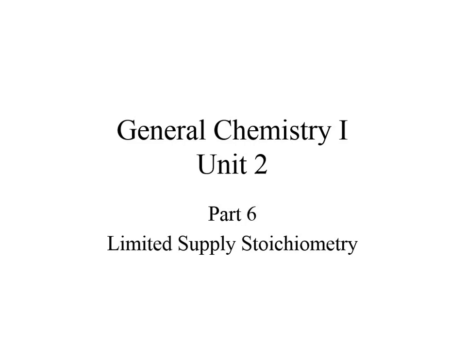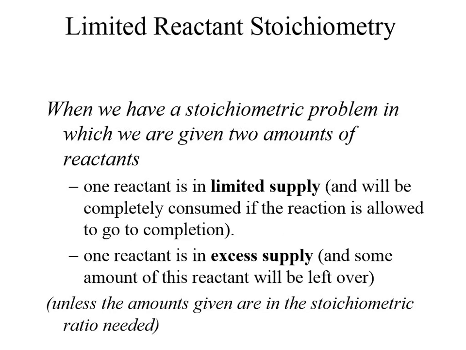You need to identify which reactant you're going to run out of first, which reactant is present in limited supply. So I was thinking how to describe this semester, and I came up with this. Like if we have a reactant A and a reactant B, okay, it goes to form something.